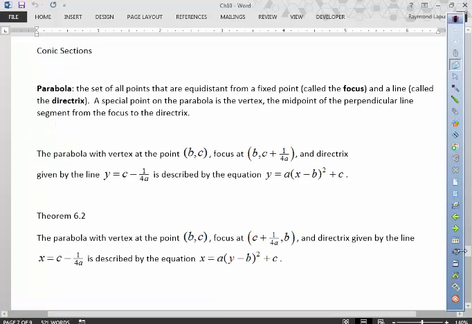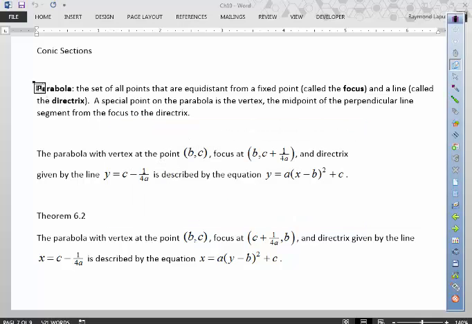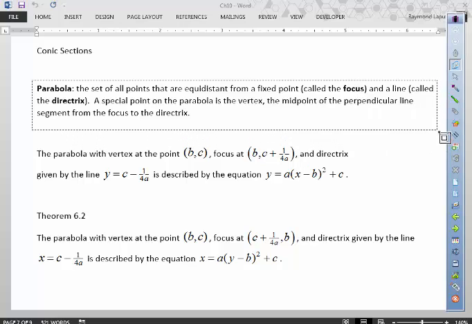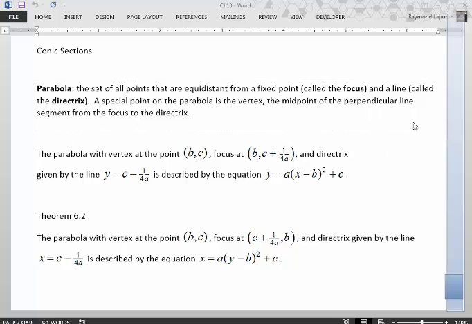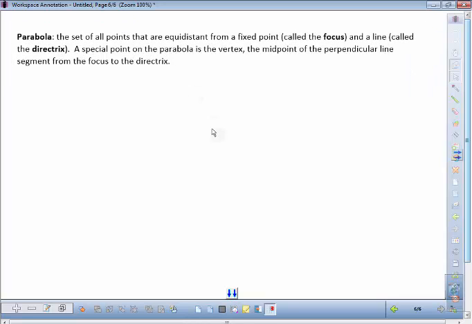Parabola. For a parabola, you need what's called a directrix and a focus. Again, the definition is strange, but this is how they define things in math sometimes.